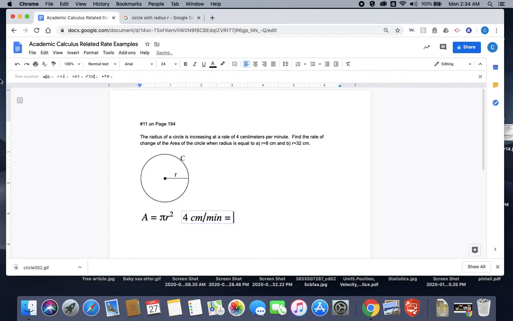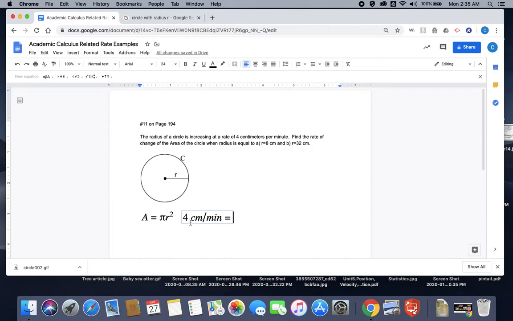And we're going to have to give that a name. The radius is changing as minutes go by, and minutes are units of time. So we're going to give that a rate of change notation, just like we would a slope or something in miles per hour when we were doing an algebra equation.